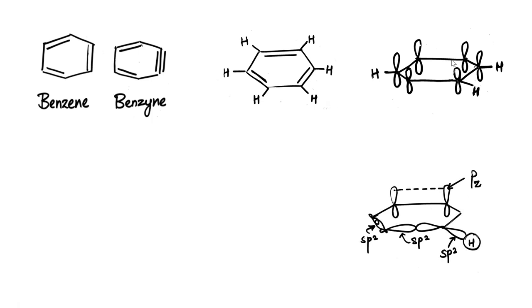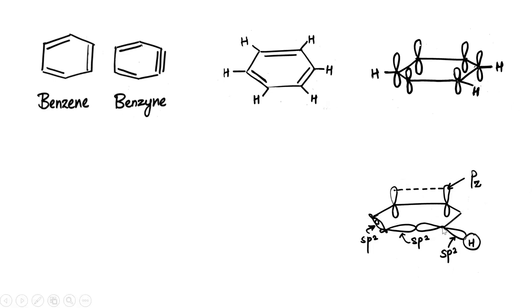In the case of benzene, each carbon atom is sp2 hybridized, so it has three sp2 hybridized orbitals. Each carbon atom is joined with two adjacent carbon atoms.